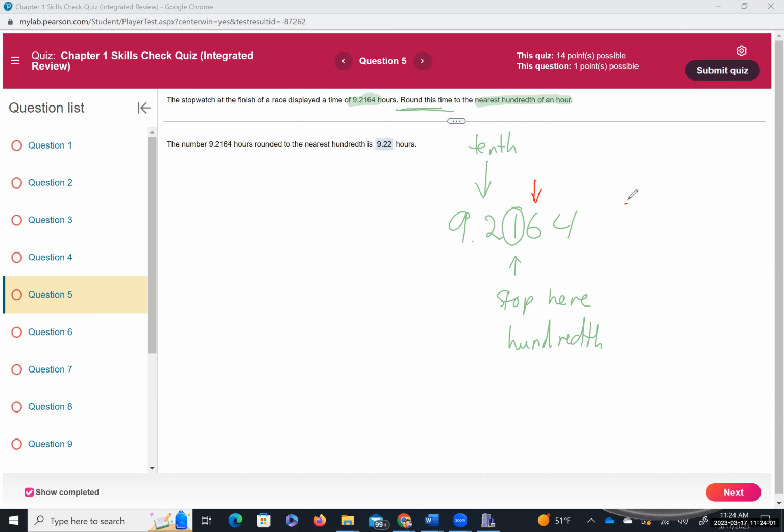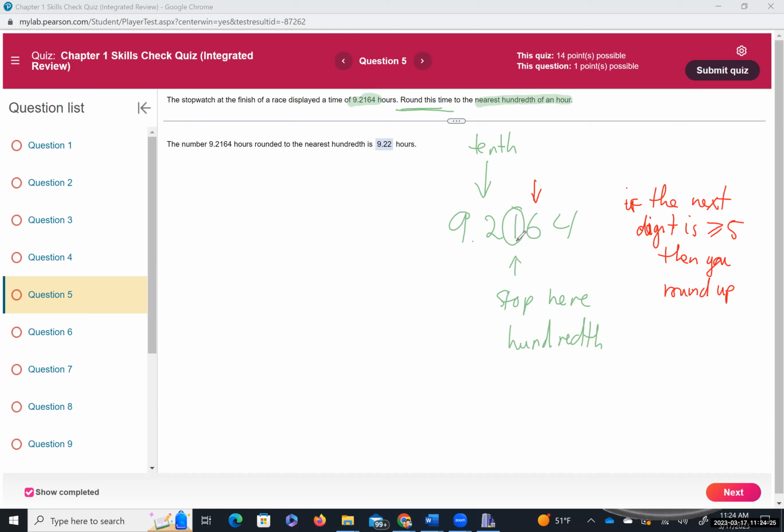So if the next digit is greater than or equal to 5, then you round up. Okay, round up.